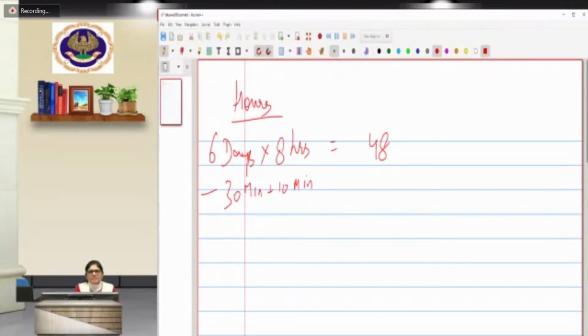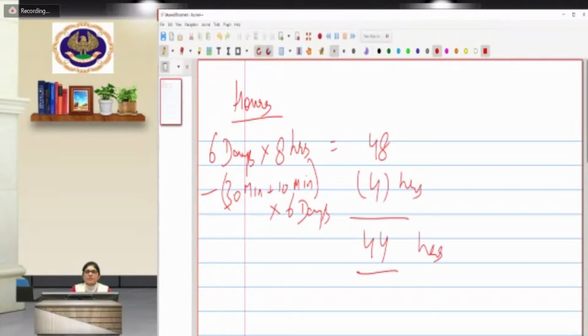All right, it's per day. So 30 minutes and 10 minutes, if you calculate into 6 days, it will come out to be 4 hours. So this is the normal idle time. So normal effective hours should be 44 hours. The effective hours should be 44 hours. So this is the normal idle time.